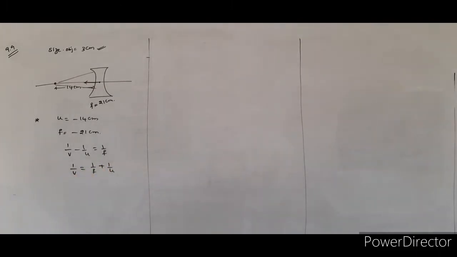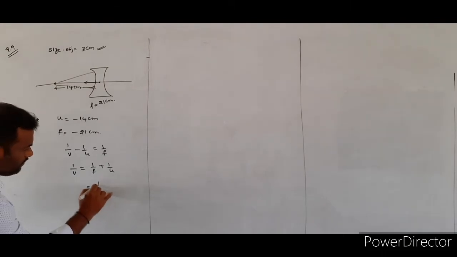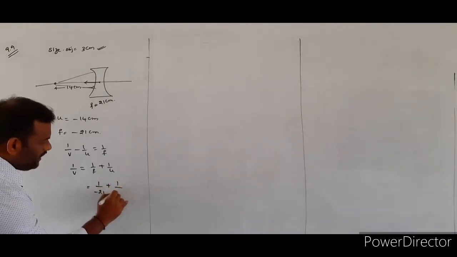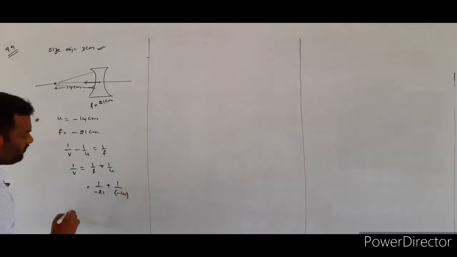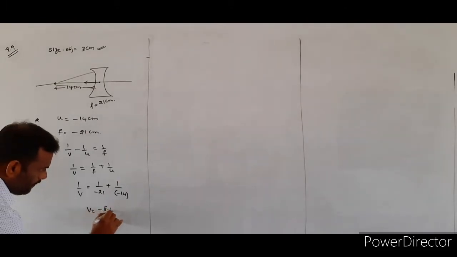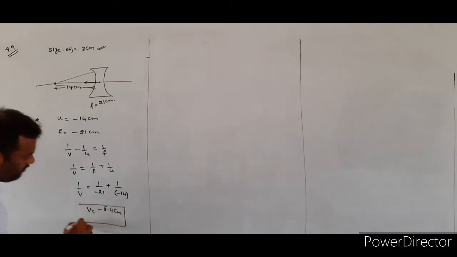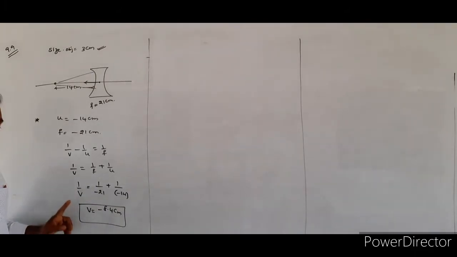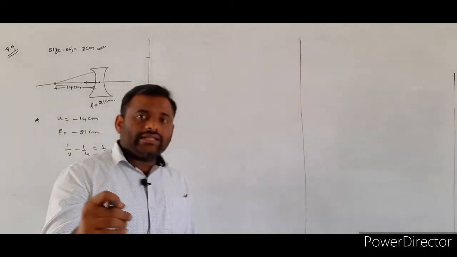Here 1 by f is minus 1 by 21, and 1 by u is minus 1 by 14. If you simplify, you will get the image distance equal to minus 8.4 centimeter. What is the negative sign denoting?